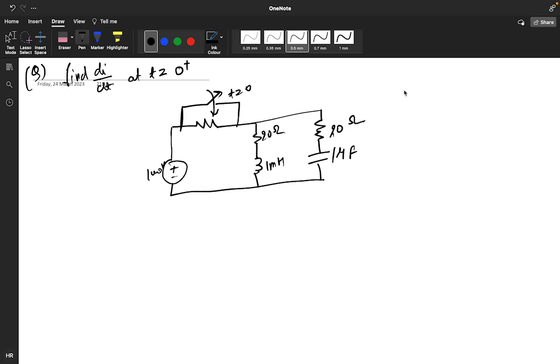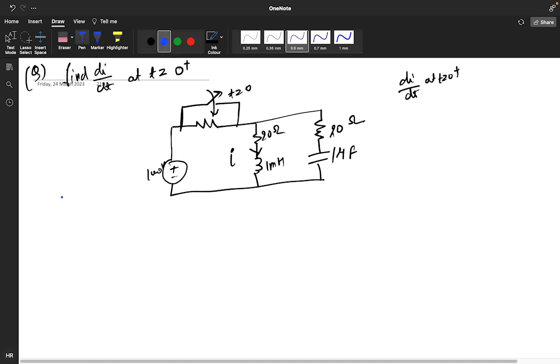So you need to find the value of di by dt at t equals 0 plus. Where is the current I? This is your particular I current. If you want the answer for this, first draw the circuit before the zero position. Before the zero position, my circuit is, this is 20 ohm. So before the zero position, my circuit is simply like this.